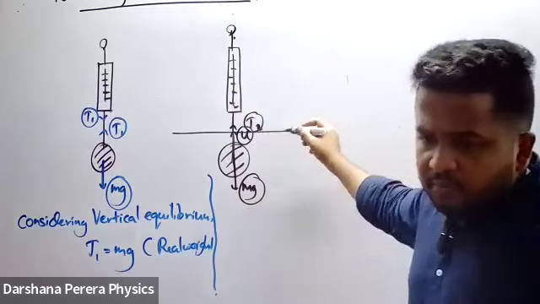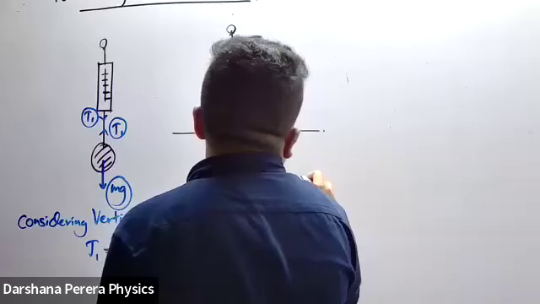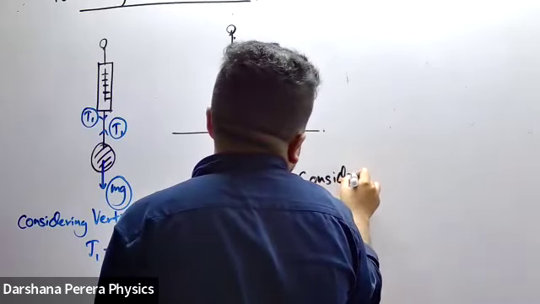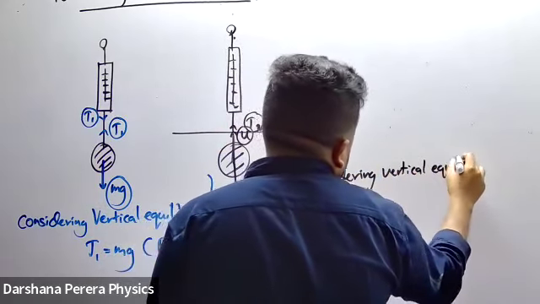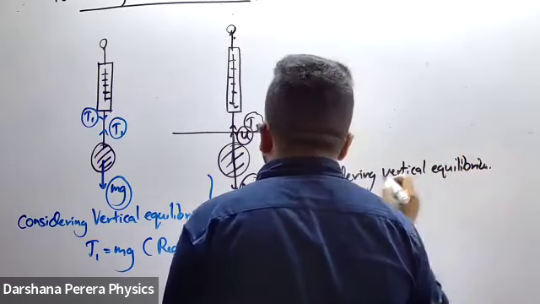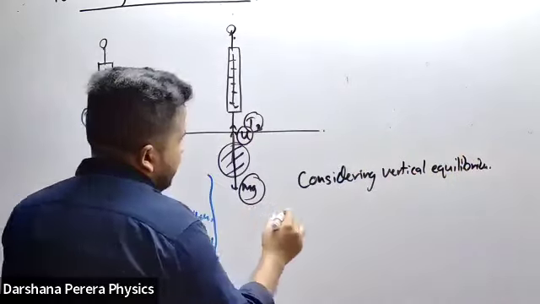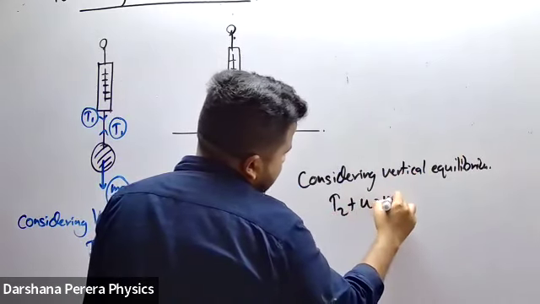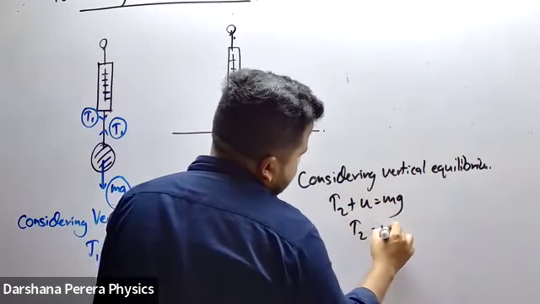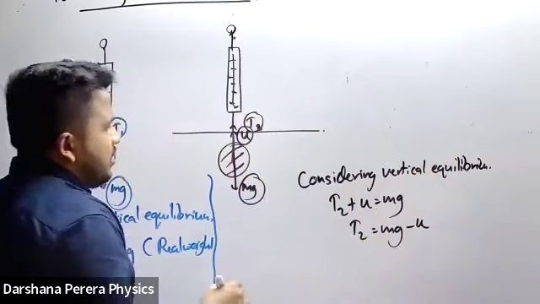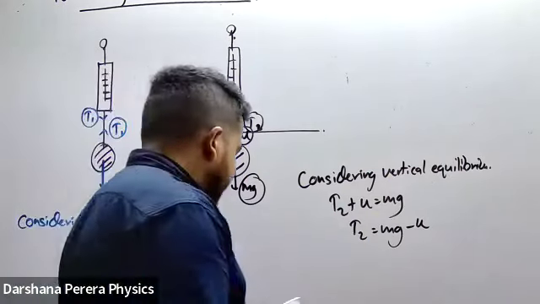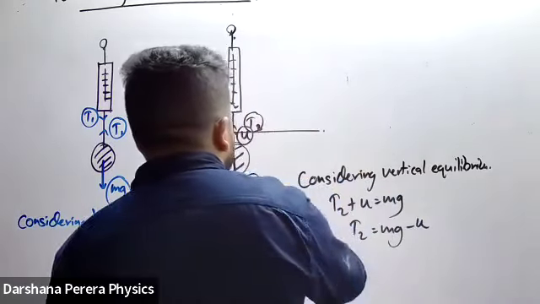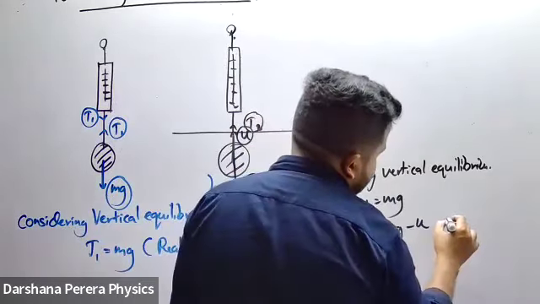There are three forces acting on the object. Considering vertical equilibrium, T2 plus U equals mg, so T2 equals mg minus U. This is called apparent weight.